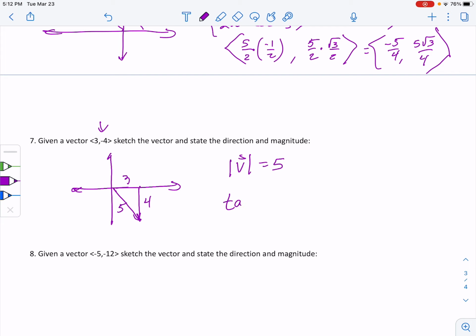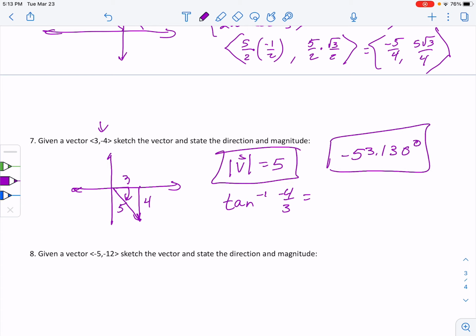I do an inverse tan of negative 4 over 3. When I put that in my calculator, I do shift, tangent, negative 4 over 3, and it gives me an angle of negative 53.130. And that's okay, because it is negative. So that's my degrees. So there's my direction, or amplitude. There's my magnitude.